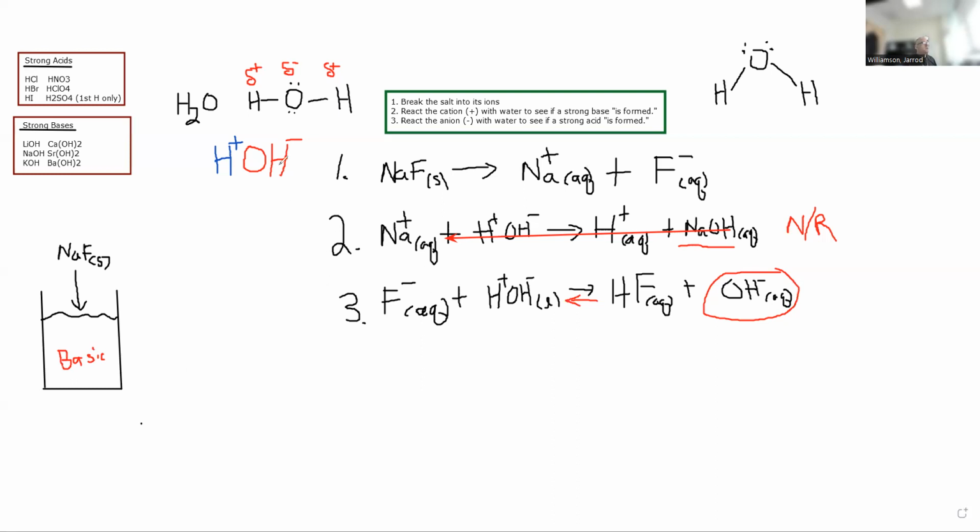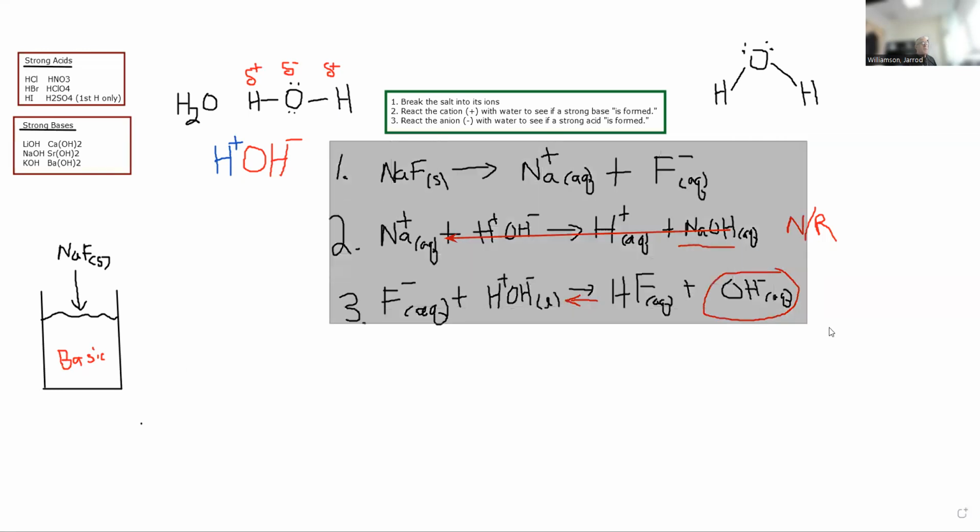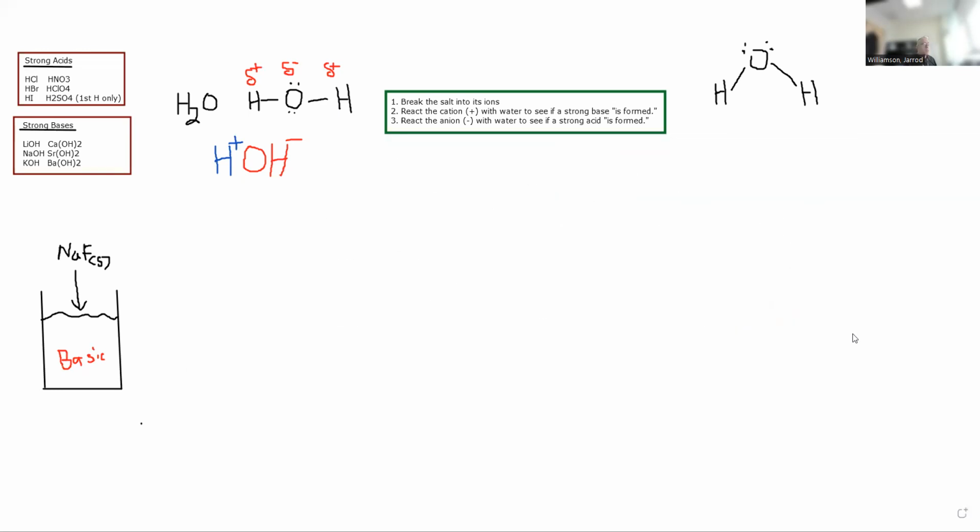Let me erase this, and we'll try to do another one. If I could erase this without erasing all the other stuff that I forget. Okay, let's try. Let's see if I can. Let's try here. NaCl. I want to do it in black.